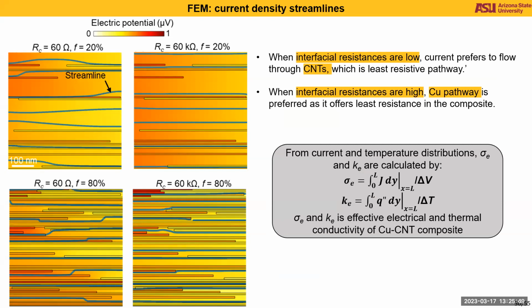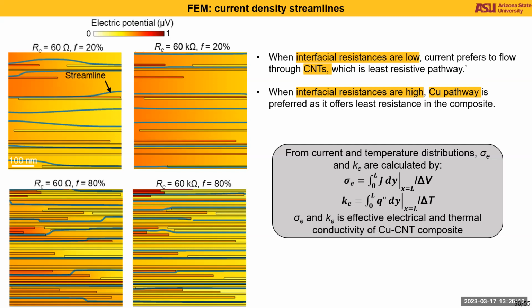On the contrary, when the interfacial resistances are poorly regulated, we see that the current tends to flow through the copper domain. And you can easily visualize for higher CNT fractions, as current tends to bypass the CNTs and flow through the copper domain. The temperature heat flux streamlines are analogous to current density streamlines, so I'm not showing them here.